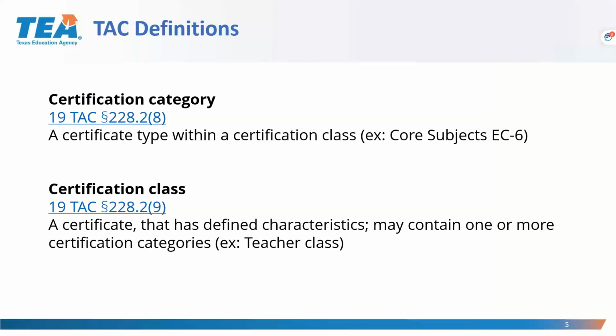A certification class is a certificate that has defined characteristics or requirements and may contain one or more certification categories, such as the teacher class, the principal class, the superintendent class, etc. Now that we've defined certification category and certification class, let's continue.